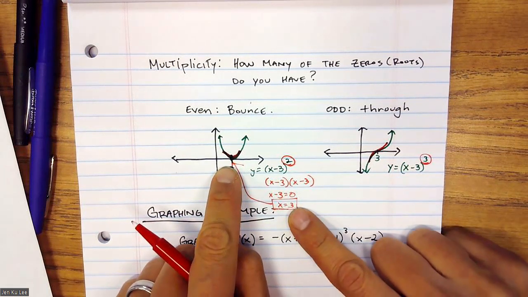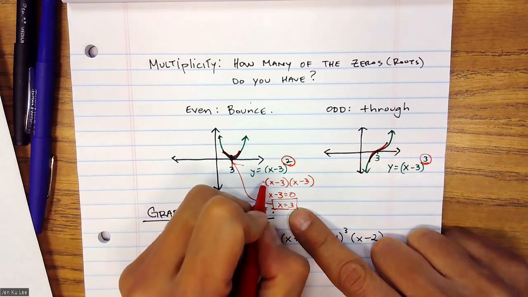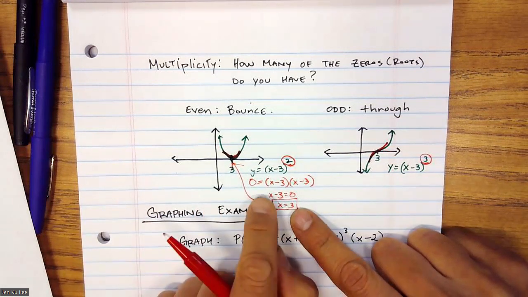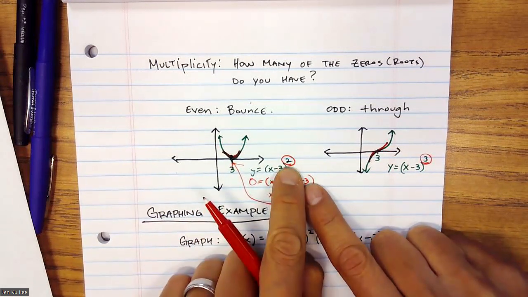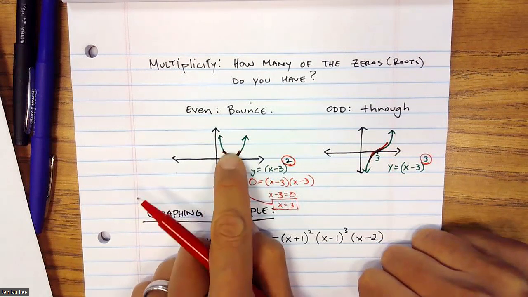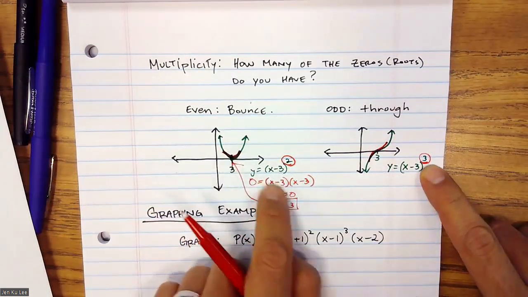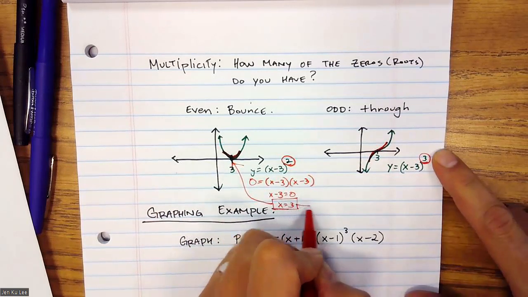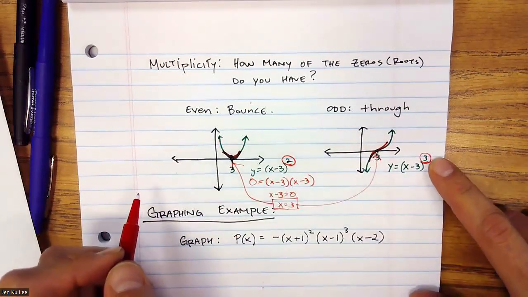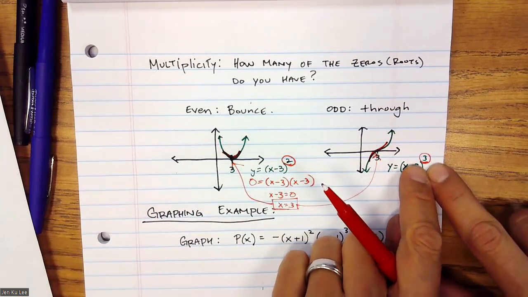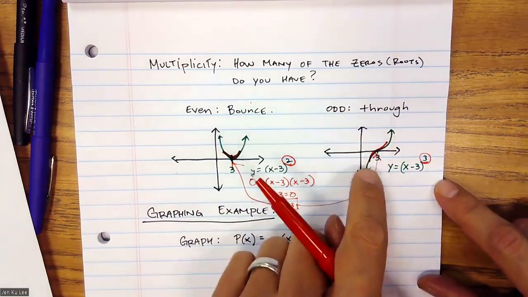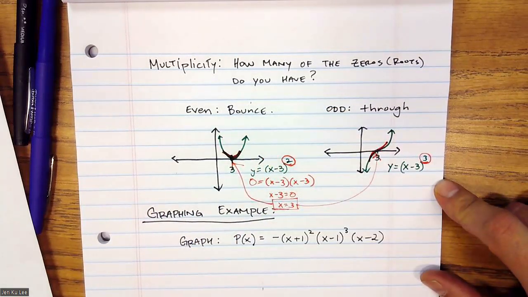That's my x-intercept, right? If I make y equal to 0. But I have 2 of these 3's. That's why it bounces. And I have 3 of these 3's, same thing, same math. This 3 would just be this 3, right? And then since I have 3 of them, and it's an odd number, it's going to go through it.